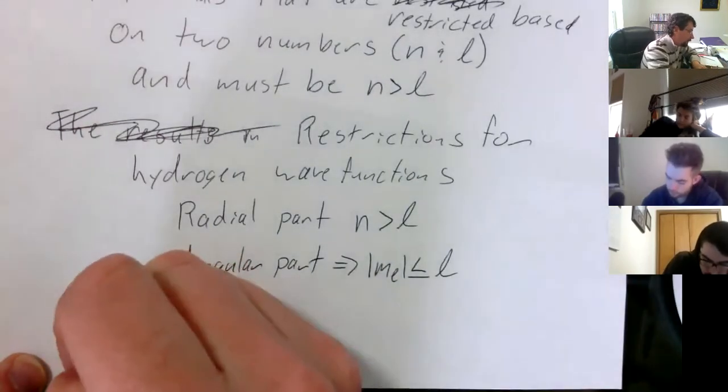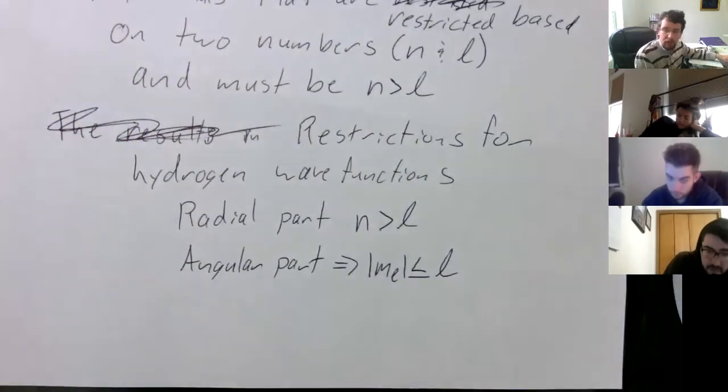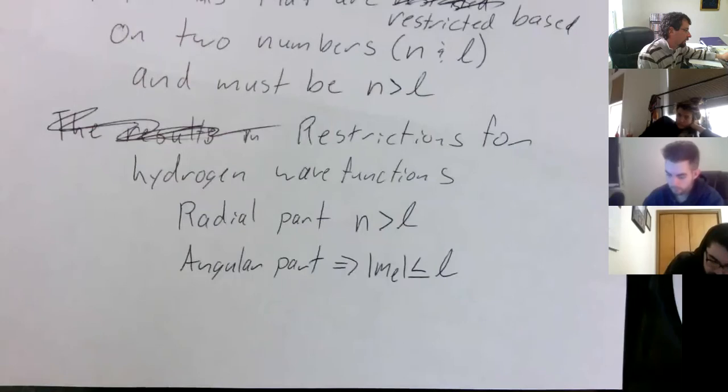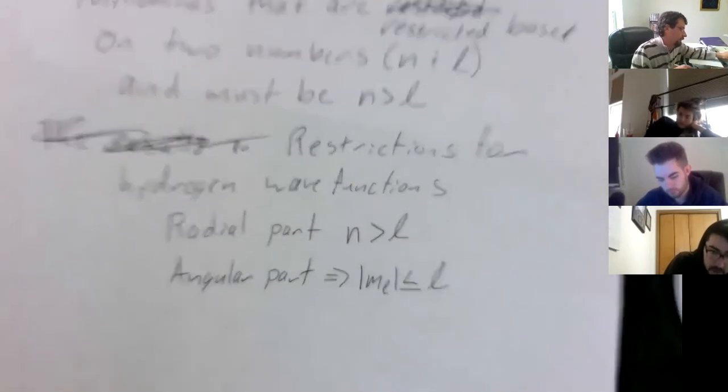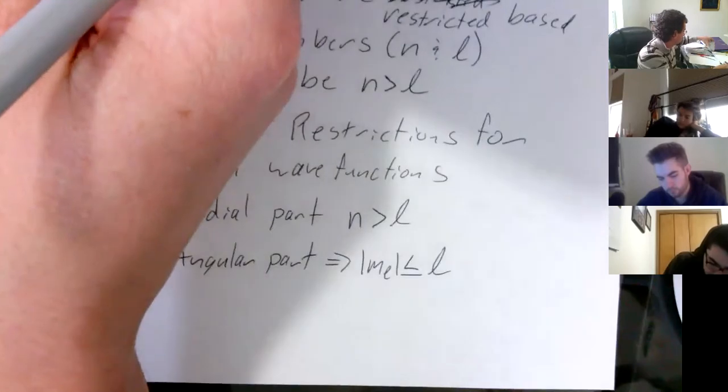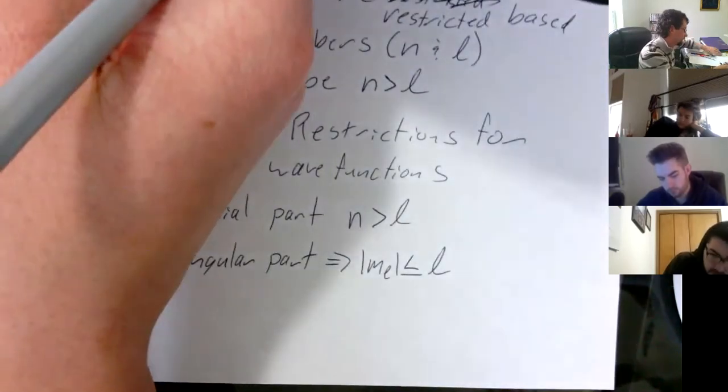In the resulting wave functions, we'll talk about what they are next time, but I'm going to post them online for you. The way that they look, which we'll write down in the future, are these. These are their results.